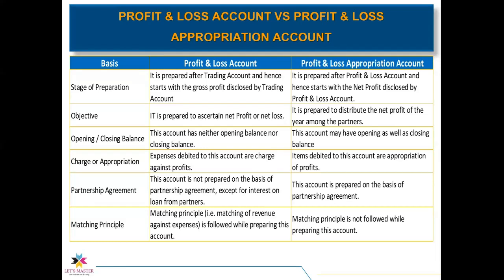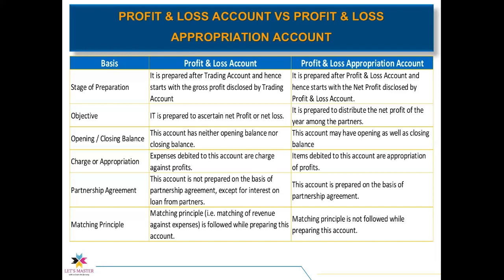So this entirely depends on the amount of profit that we have earned. We have a choice here whether to transfer some amount to the reserve funds or not, and what amount we need to give to the partners as their share in profit. That's why it is known as appropriation or distribution. Partnership agreement.